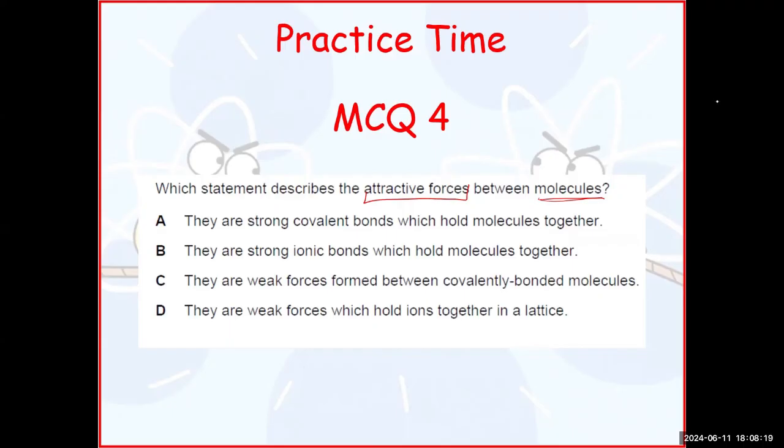Miss, as we know, covalent structures have weak forces between them, and they are covalently bonded. Strong covalent bonds are not the right answer. Ionic bonds don't have molecules, and ions together in a lattice are held by strong forces, not weak. So C is left.